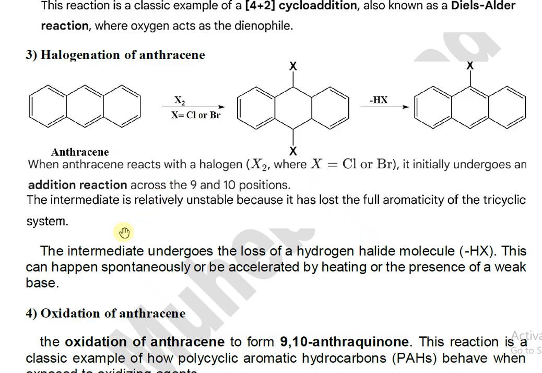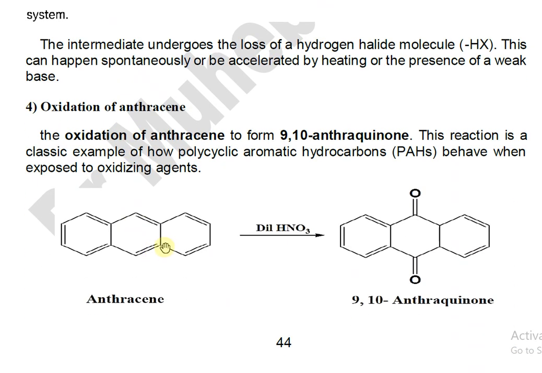Another reaction of anthracene is the oxidation of anthracene. The oxidation of anthracene to form 9,10-anthraquinone is the reaction here. This reaction is a classical example of how polycyclic aromatic hydrocarbons behave when exposed to an oxidizing agent.